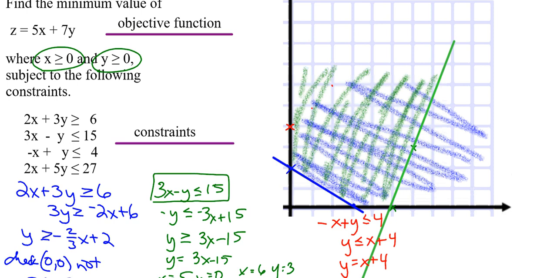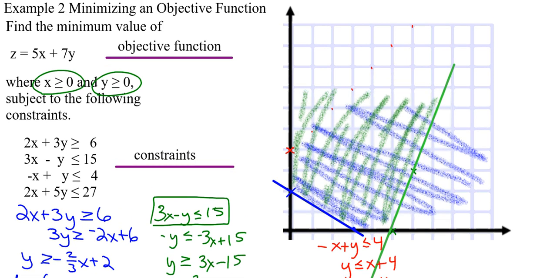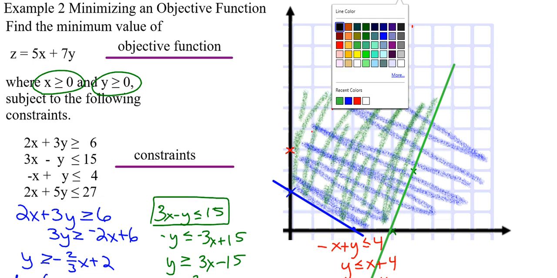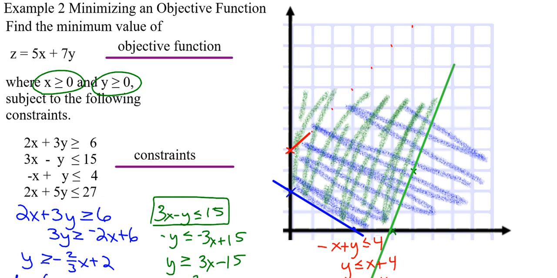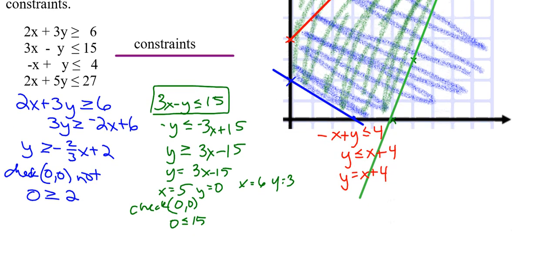I can go 1, 1, 1, 1, 1, and 1. Now, notice the red line and the green line are not parallel to each other, but they aren't going to intersect on my paper. But that should be just fine. And so I'll draw that in as carefully as I can.